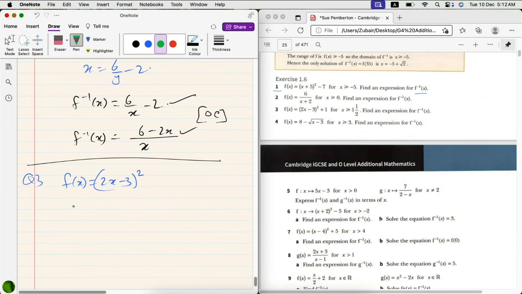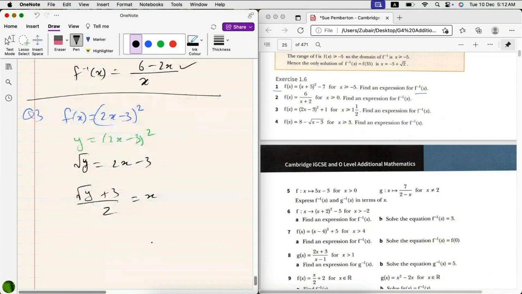So first step is equate with y, and then we make x the subject. Square root y is equal to 2x minus 3. Square root y plus 3, divided by 2, is equal to x.